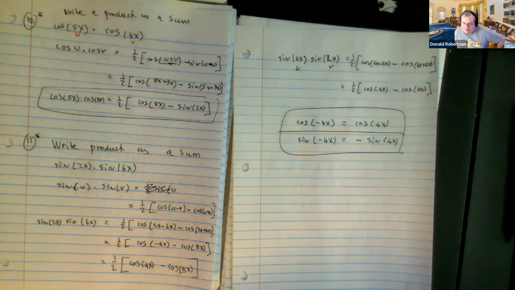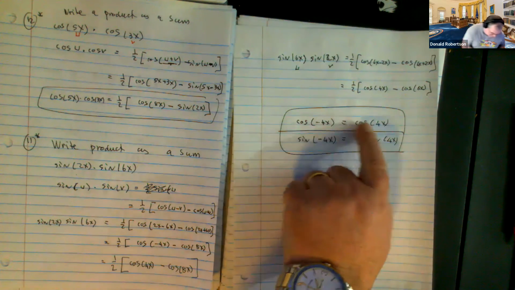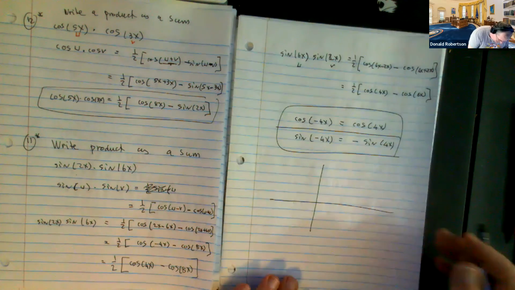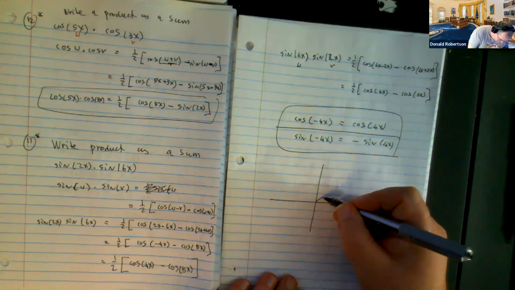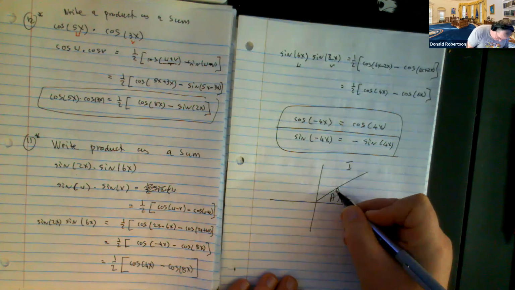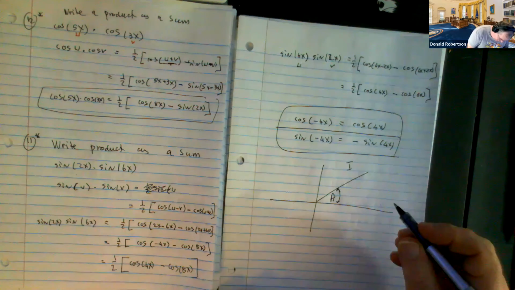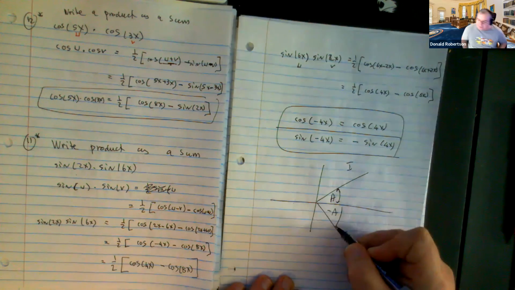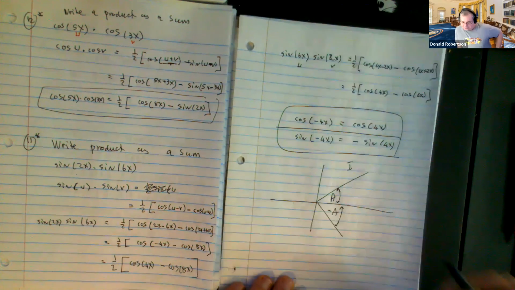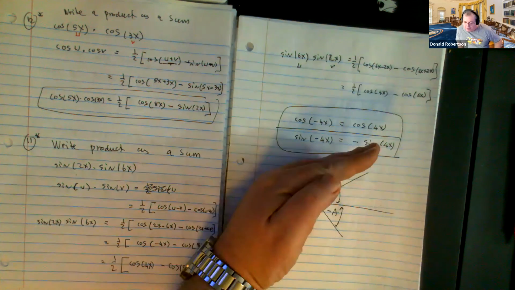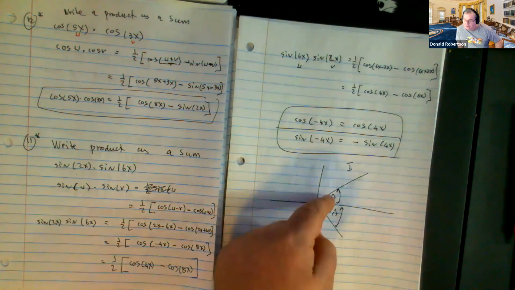Now, if you're trying to figure out how is this one true, here's a proof for you. If you take an angle in the first quadrant, let's just call it A. If you find the angle with minus A, doesn't it look like that guy? Okay, for any angle A, isn't negative A just going to be the same amount, but in this quadrant, right?